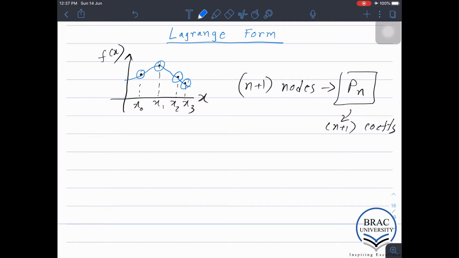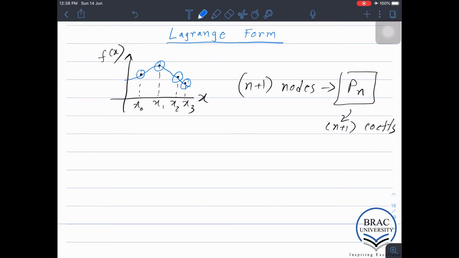But it's not a very elegant thing to solve a set of equations with Gaussian elimination or by calculating the inverse when your number of nodes is really large, because the computational complexity gets really high.